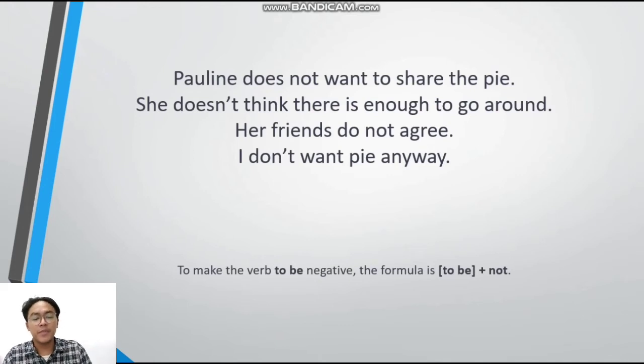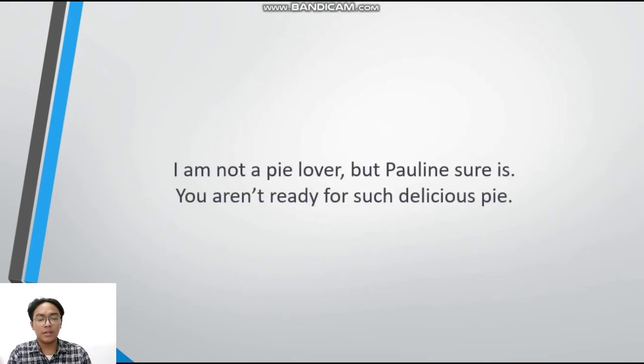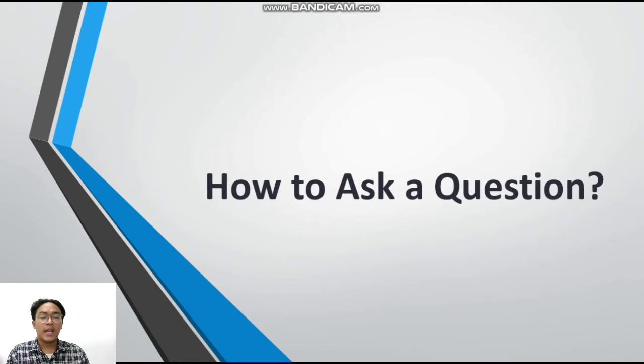To make the verb to be negative, the formula is to be plus not. For example, I am not a pie lover, but Pauline sure is. And the second one is, you aren't ready for such delicious pie. And the third, I want to talk to you about how to ask a question in the simple present.